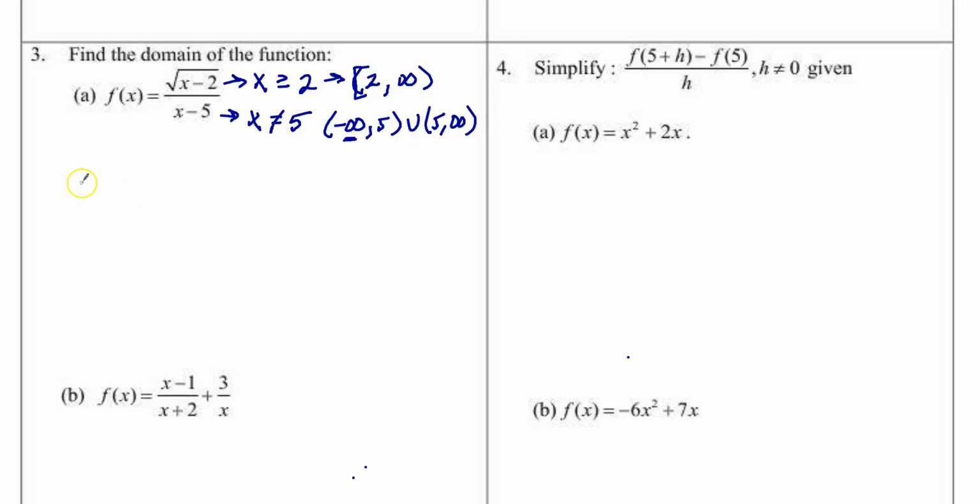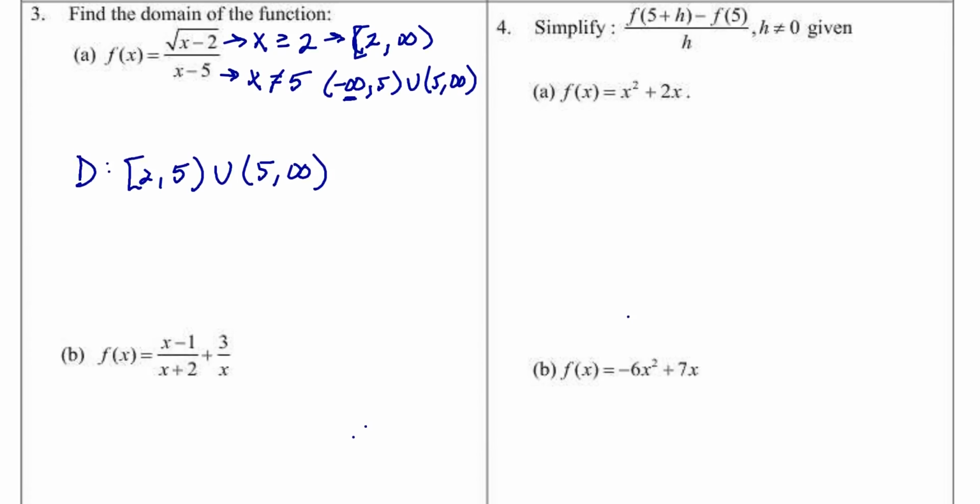So my final domain is going to be 2 with a bracket, because I can use the number 2, all the way up until 5, but not including 5, so that's a parenthesis, and the union from 5 all the way until infinity.